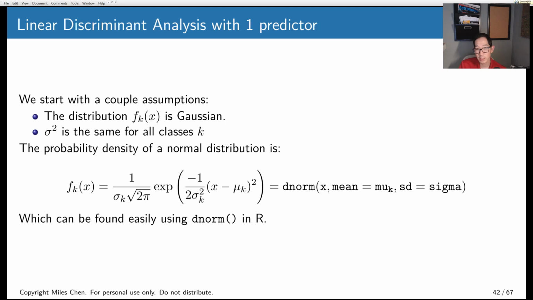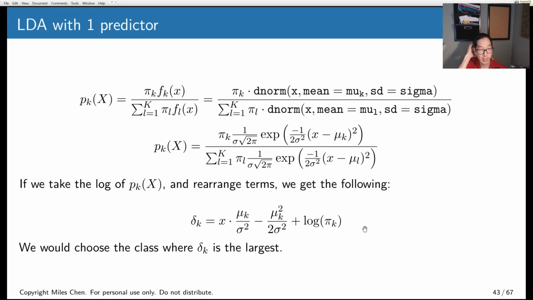In linear discriminant analysis, we assume sigma is the same for all of the different classes K. In some other forms you can relax that assumption, but here we're assuming different groups have different means, so we plug in the different mean for the different groups, but the same sigma. Then we have our prior probabilities. We multiply the prior probability by dnorm, do this for all of the different classes, and add them up; that forms our denominator.